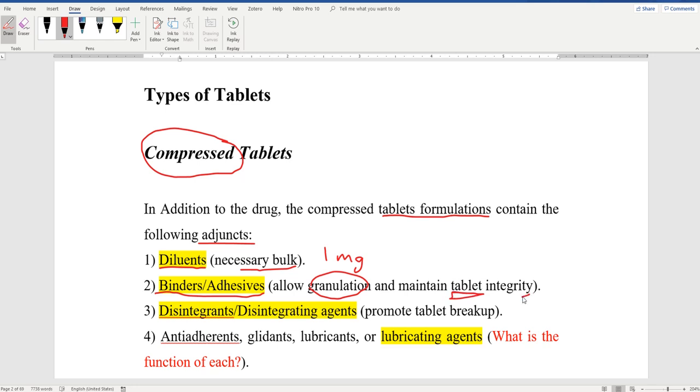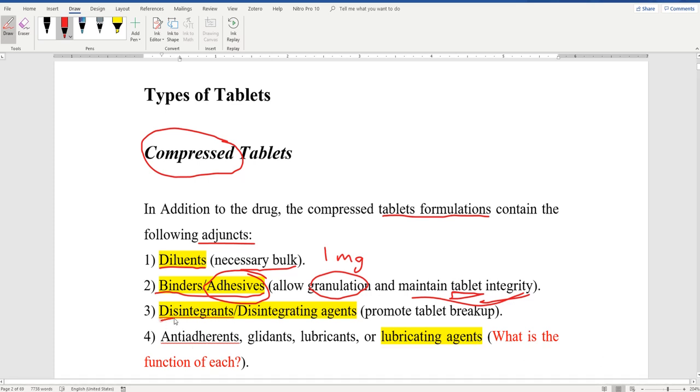Isn't the integrity of the tablet, its strength, also affected by the presence of binder or adhesives? So the more binder I add, the stronger the tablet will be. So if there is a question asking you what will be the job of the binders in a tablet formulation, we will say: 1, to allow granulation to happen, 2, to maintain tablet integrity and mechanical strength.